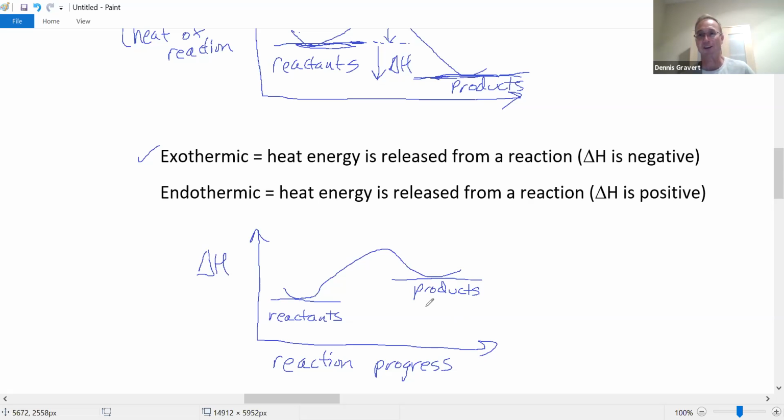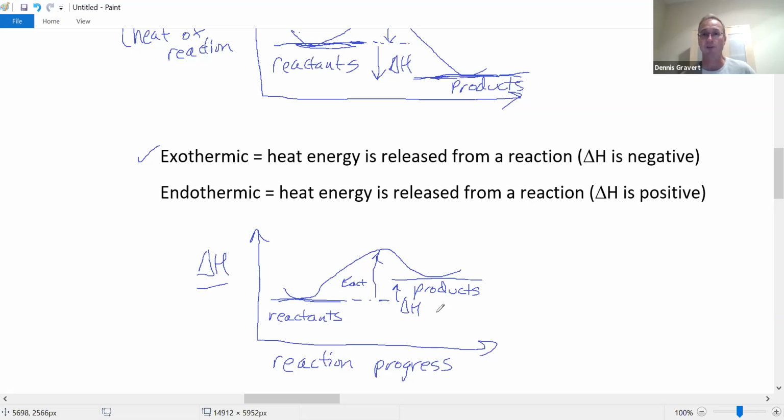Kind of a crazy looking curve, but you get the idea. And so now where you start to the top of the hill is your activation energy. And where you start and you end is your change in enthalpy, your delta H.